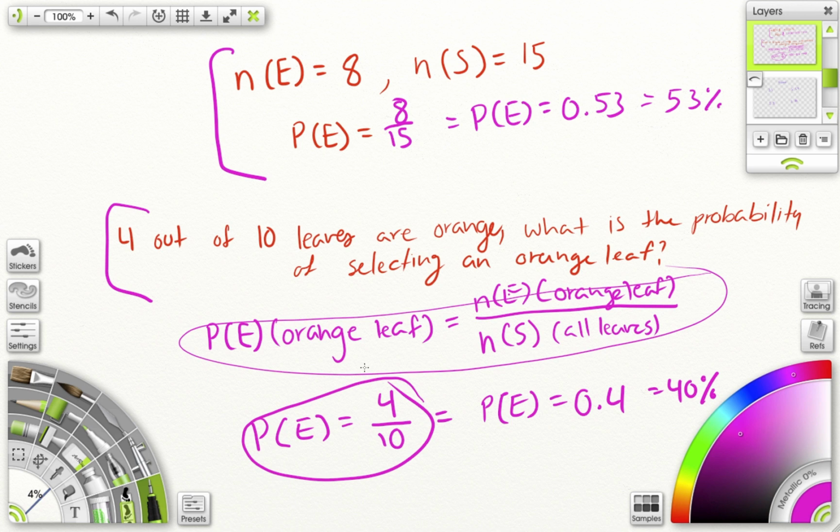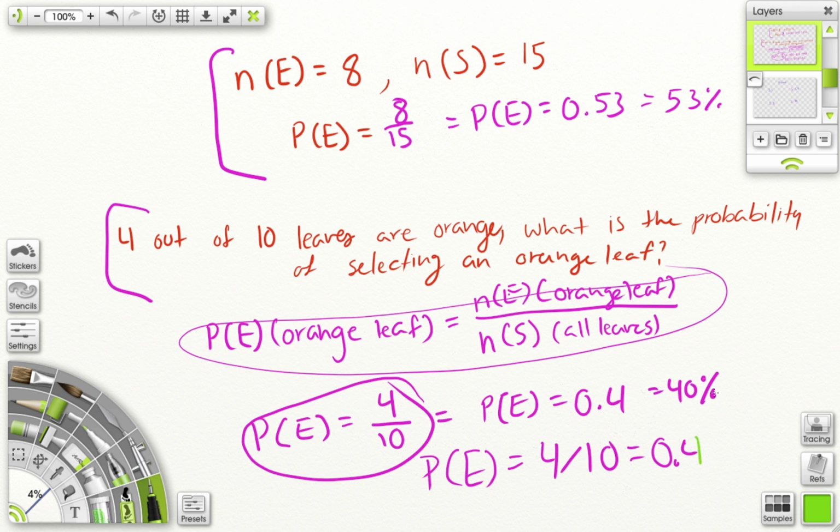And if you're typing it out, you can still do P(E) equals 4/10 if you're doing a fraction. And then if you're writing this out completely, I can accept something that looks like this: 0.4 equals 40%. I can accept something like this as your final answer.